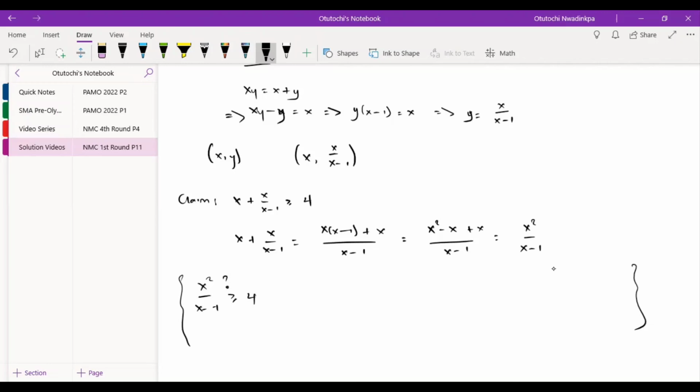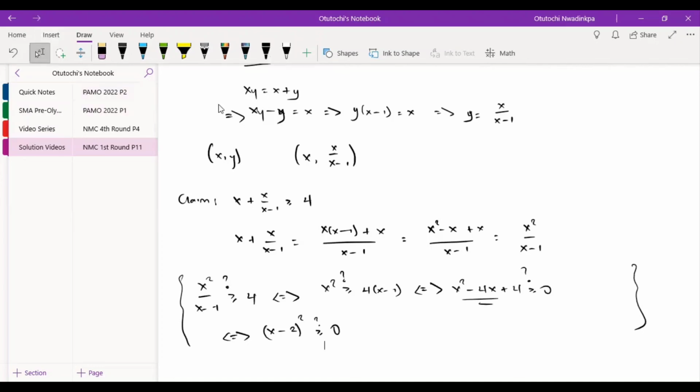This is true if and only if x squared is greater than or equal to 4 times (x minus 1), which is true if and only if x squared minus 4x plus 4 is greater than or equal to 0. Now this is true, because this is equal to (x minus 2) squared, and this solves the problem.